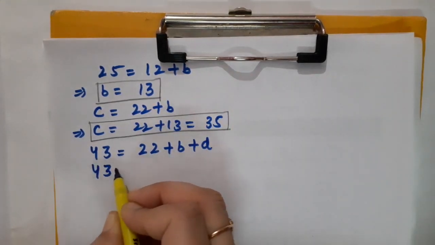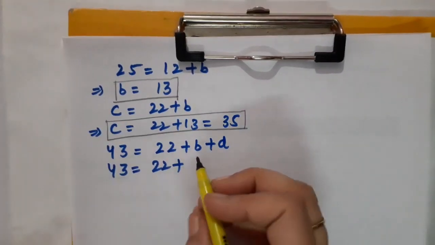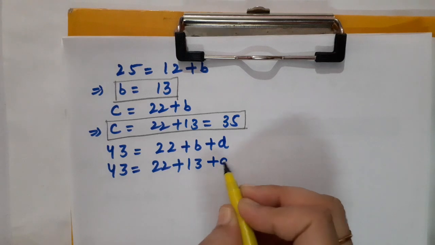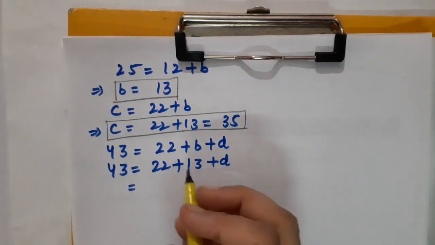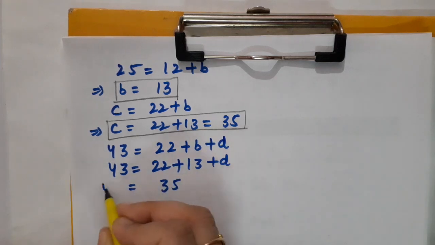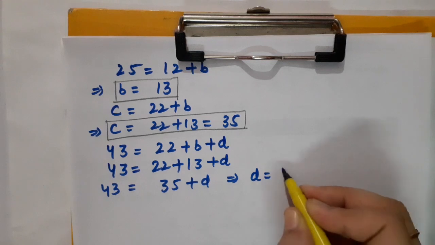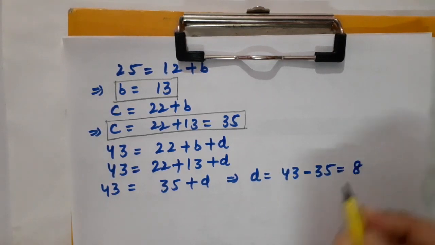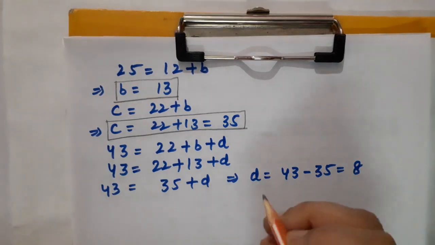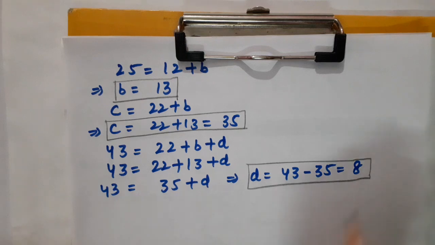It would become 43 is equal to 22 plus 13 plus D. Correct? So their summation will be equal to 35, and here 35 plus D. So it implies D is equal to 43 minus 35, which is equal to 8. Okay. So let us put this value of D also in the box. Fine.